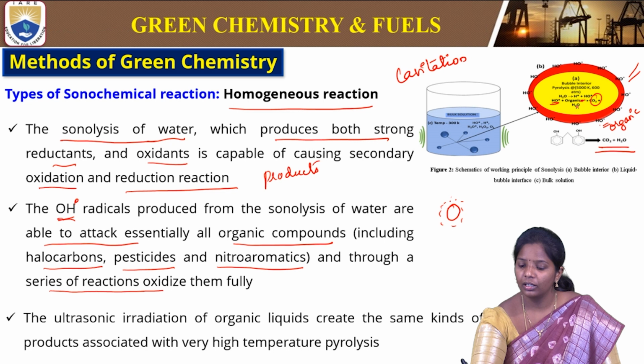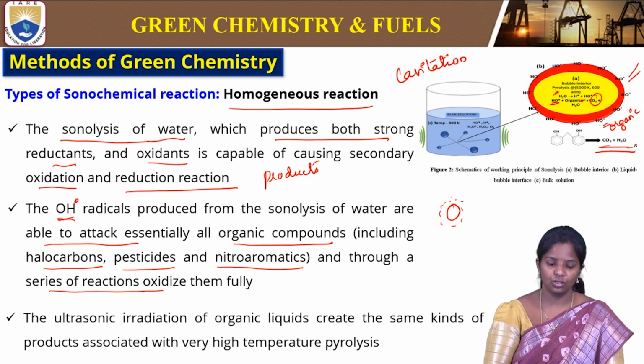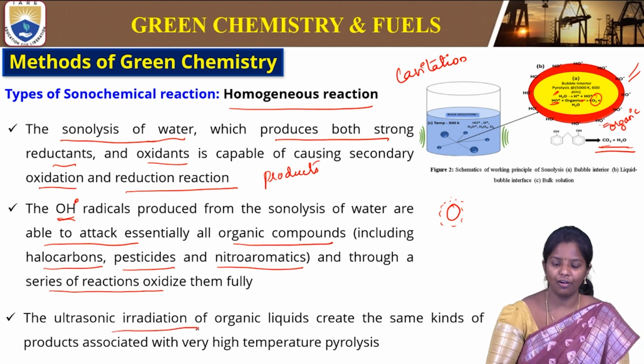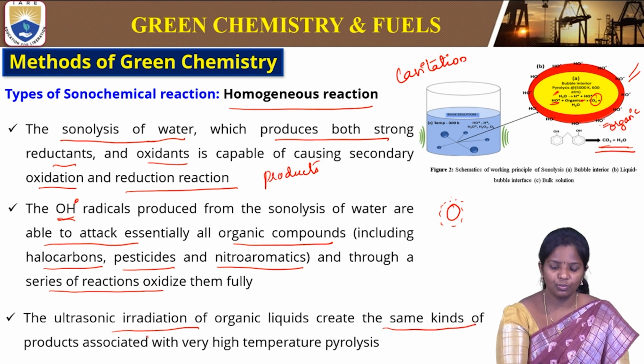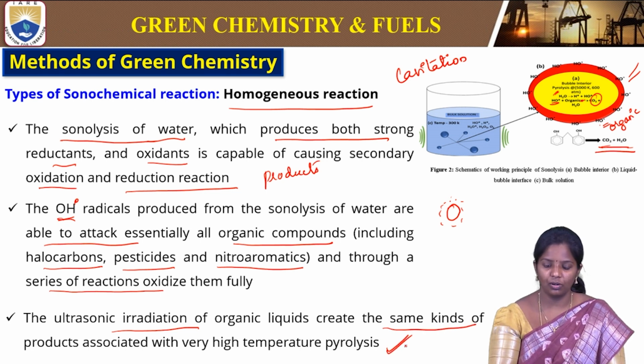So the formation of radicals is an important step. This will help in attacking the organic compounds present in the reaction, and they split and form carbon dioxide and water. The ultrasonic irradiation of organic liquids creates the same kinds of products produced with very high temperature pyrolysis.